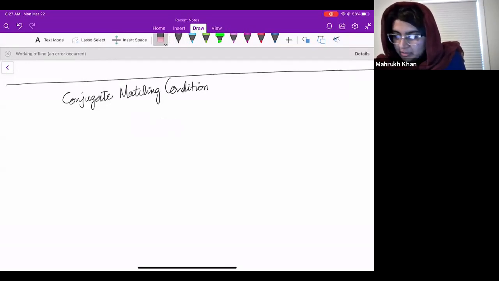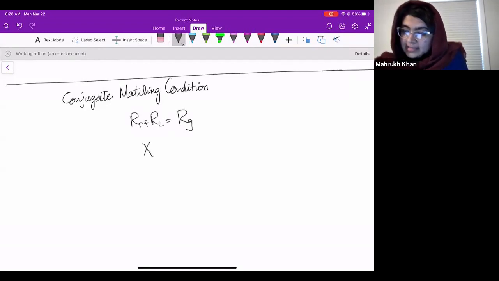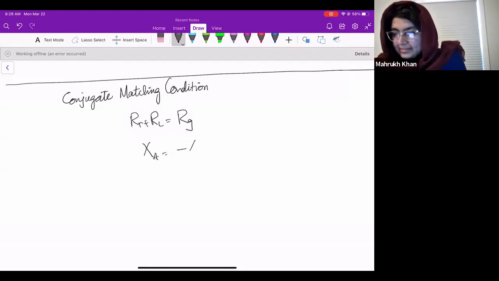In the conjugate matching condition, we said that RR plus RL is equal to RG and XA is equal to minus XG.